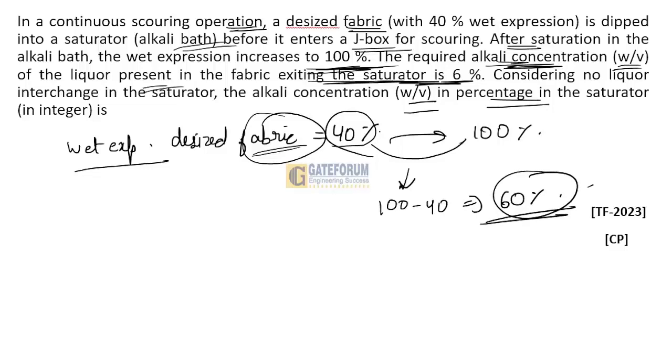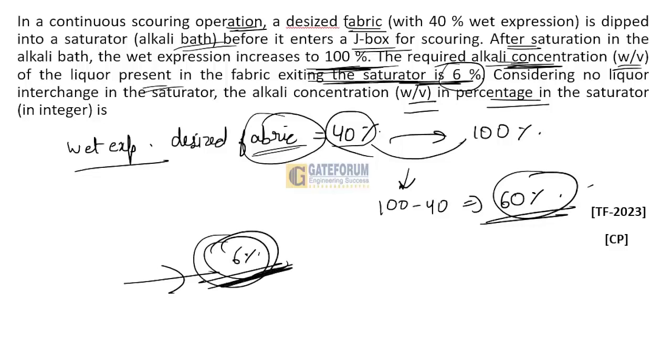Since you need to calculate the alkali concentration, weight per volume exiting the saturator is 6%, meaning after it is done the weight per volume ratio is 6%, and the increase is 60% total.